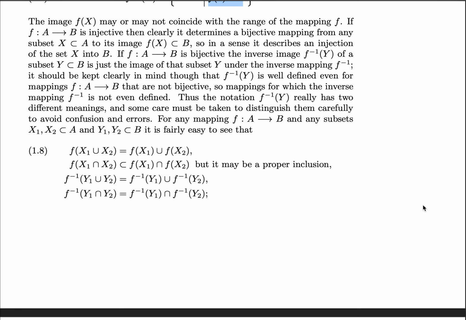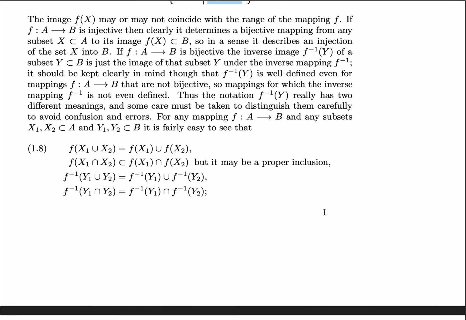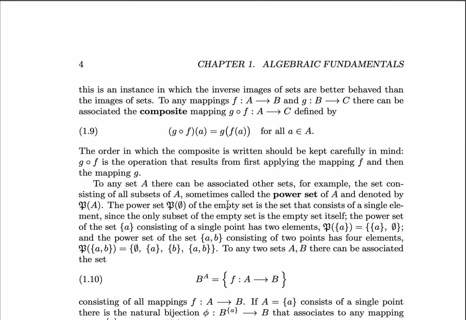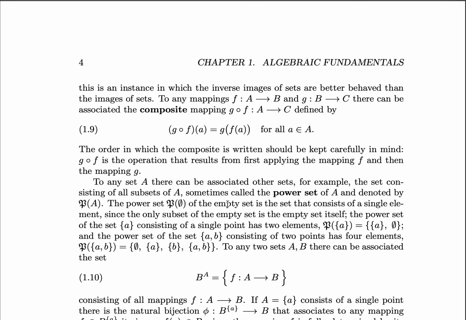However, pre-images are more well behaved in the sense that the pre-image of a union is a union of pre-images, and the pre-image of an intersection is an intersection of pre-images. This is a question to be proved later. As noted, this is an instance in which the inverse images of sets are better behaved than the images of sets. And now we can continue by considering composite mappings and then going on to the power set of sets.